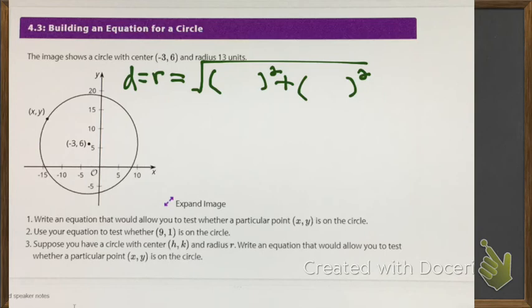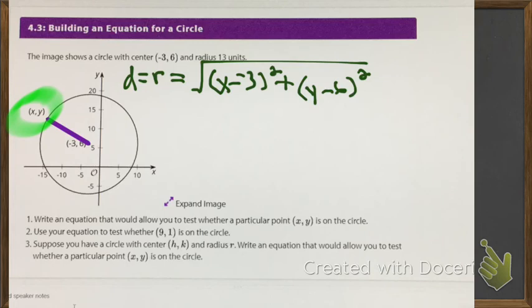Now, if we're talking about center to radius, the difference of the x's is just x minus the center of the circle, which in this case is -3. And y, which is any point of the circle, is y minus 6.